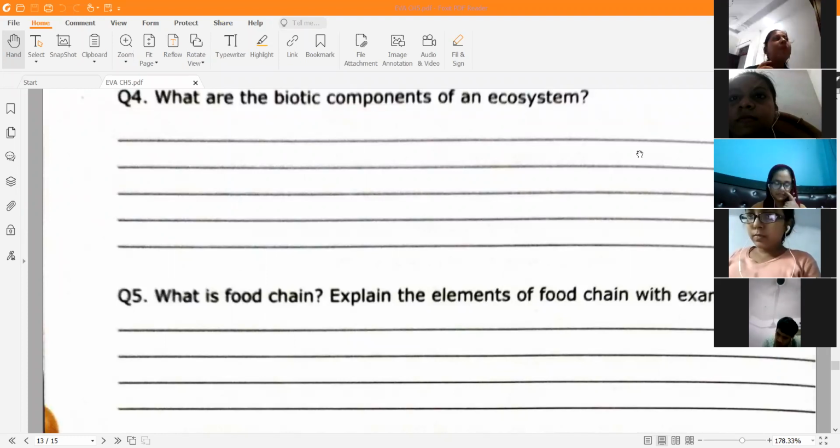Ma'am, the process of being eaten and eaten in an ecosystem is called food chain. And the first stage of the food chain is the energy source, that is the sun. Second is the primary source, that is eaten by the primary consumer.